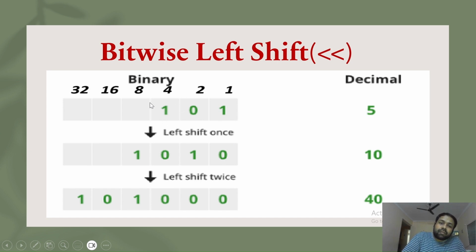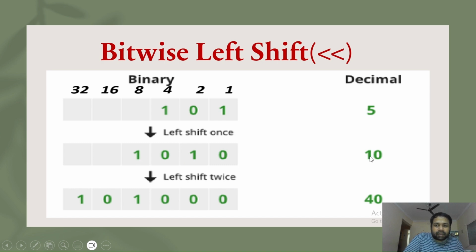So 101 is the value given. If you are asked to perform left shift, it has become like this. The original value given is 5. After performing the left shift operation one time, it has become 10. Again, if you are asked to perform left shift operation on this, again you see here, this one will go to the next place.